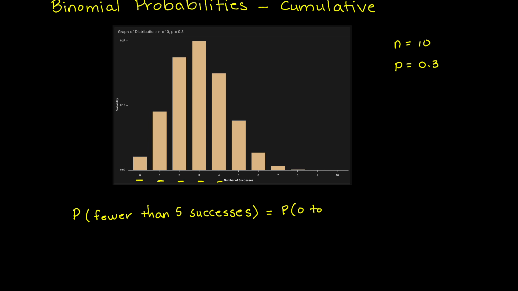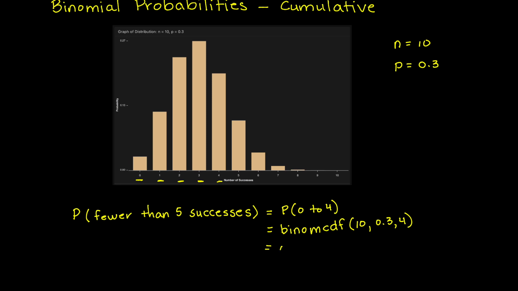So we're going to find the probability of 0 to 4 successes, and now that I've figured out that I only want to go up to 4, that's my maximum number, this is going to be just like the one we just did. So I'm going to do binom CDF, 10 trials, probability of success is 0.3, and the maximum number of successes is 4.